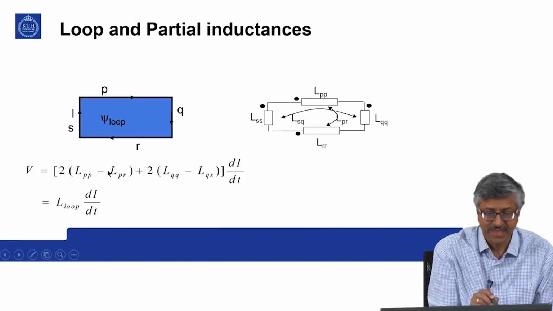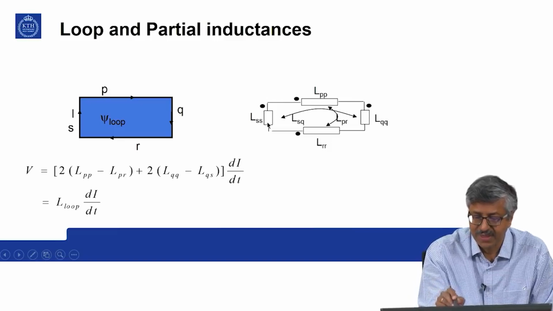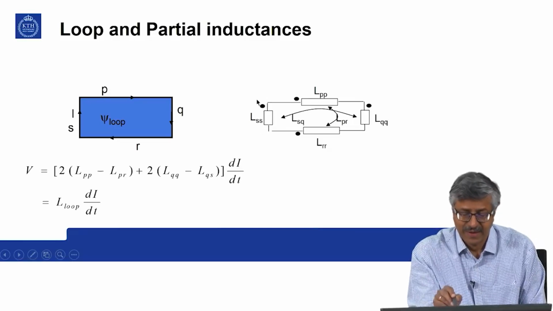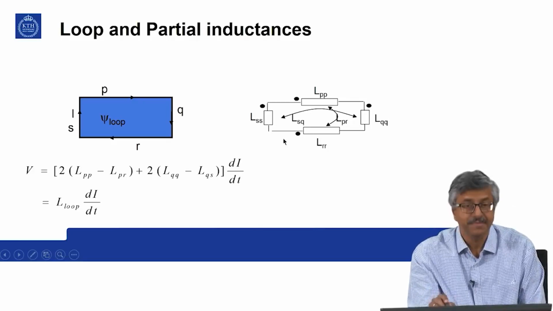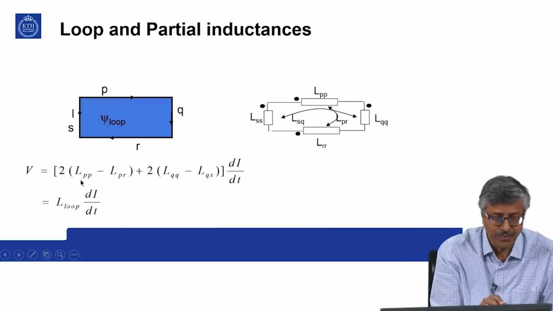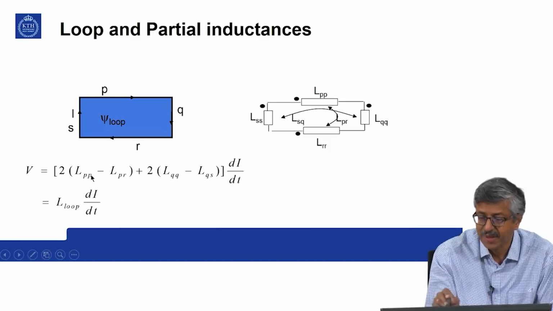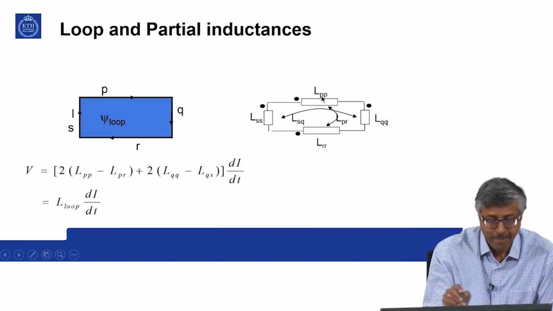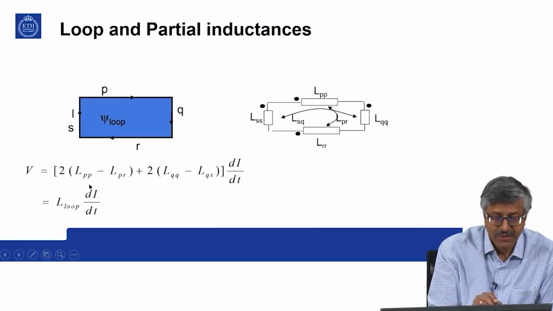that loop inductance is nothing but, now here the current is entering. So, the positive one. So, here the current is entering from the opposite side. So, 2 times LPP, then LPR is between this and R, LQQ is this, LQS is between this and this.